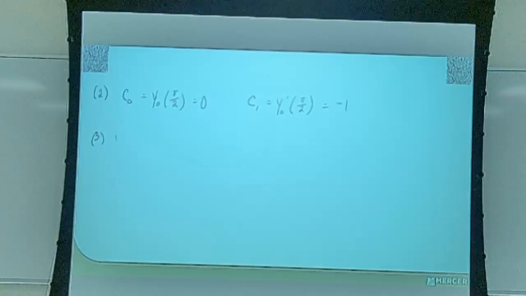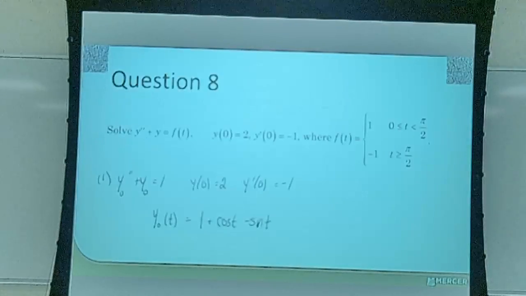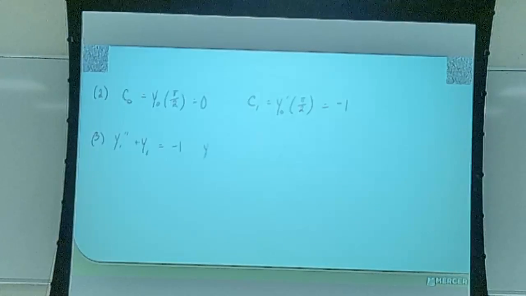Step 3 is now to solve this: y1 double prime plus y1 equals your second piece, negative 1, given these initial conditions. y1 of tau equals C naught, y1 prime of tau equals C1.